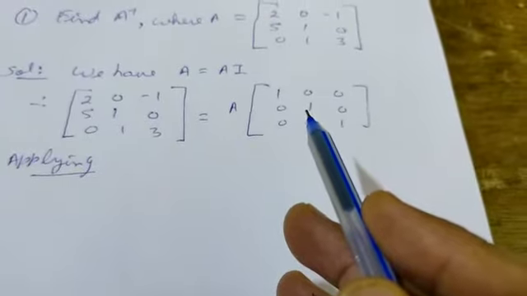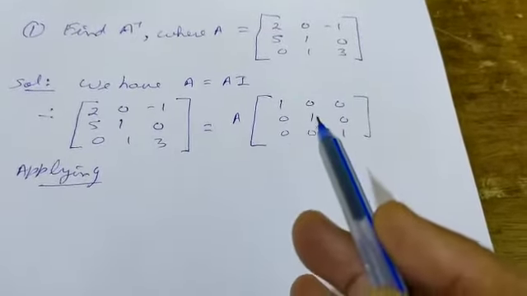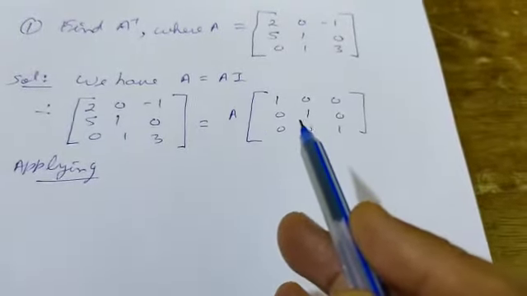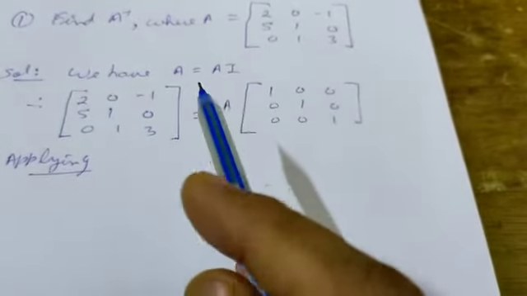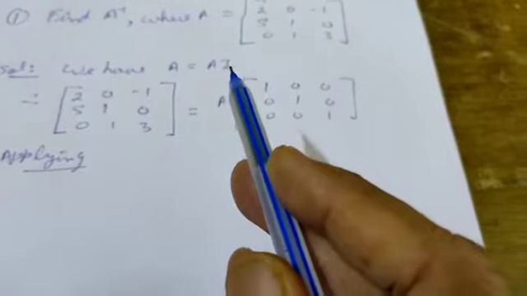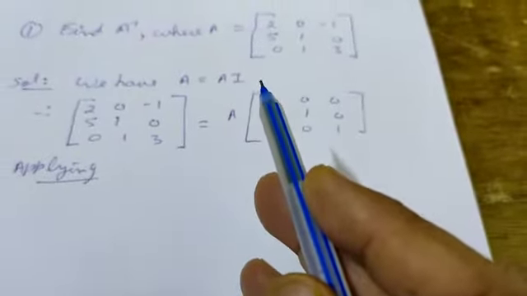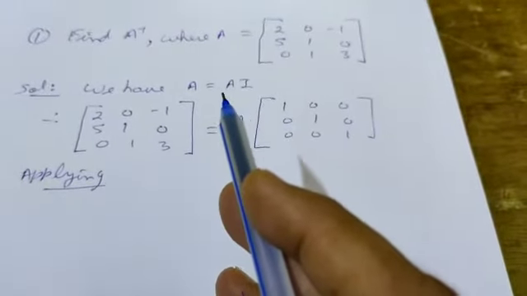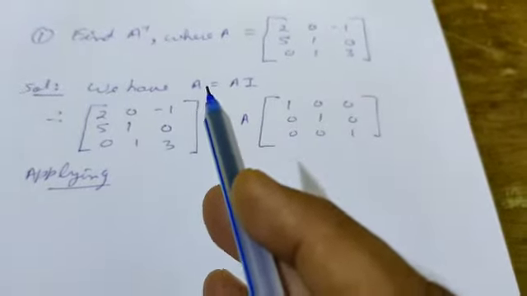So since this is column transformation, we'll work on matrix I in the later half. Do not write A as I into A. You may get the answer, but theoretically it will not be correct. Whenever you are doing column transformation, A is to be written as A into I. But if we have to do a row transformation, we'll write A equal to I into A.